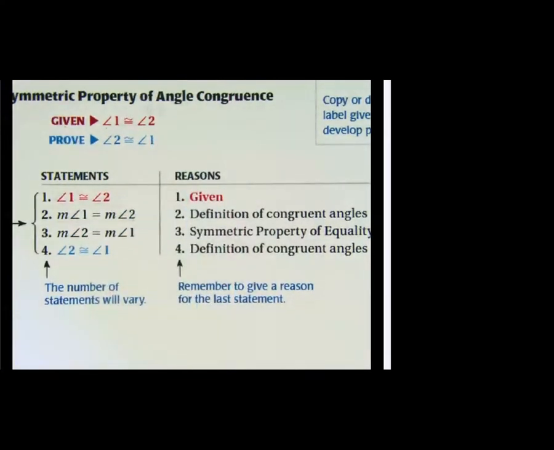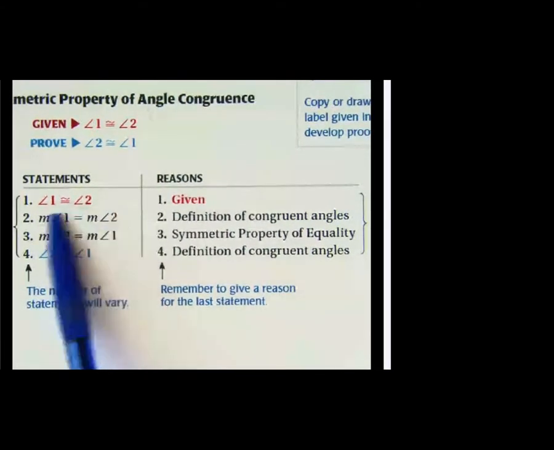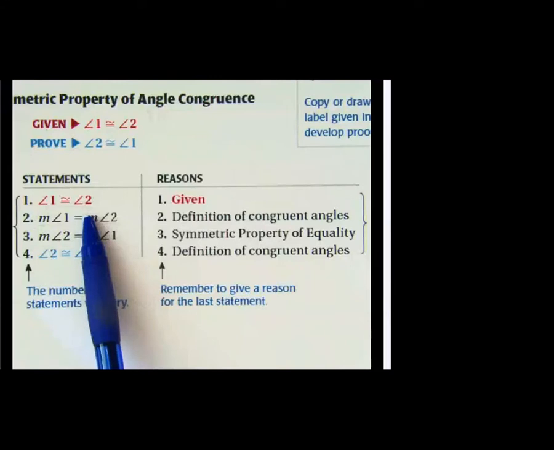Okay, you've got to have your eye on the end. You've got to know where you're going. I need to get it switched, but I know that the symmetric property is going to apply to numbers mainly, equality. And so I need to make this into a number instead of a shape.